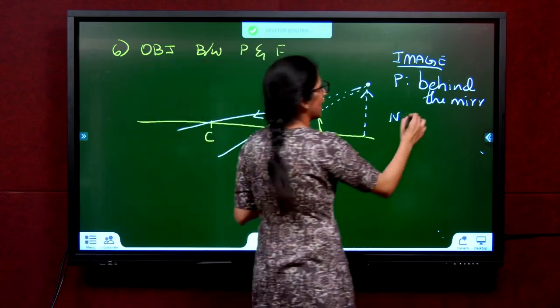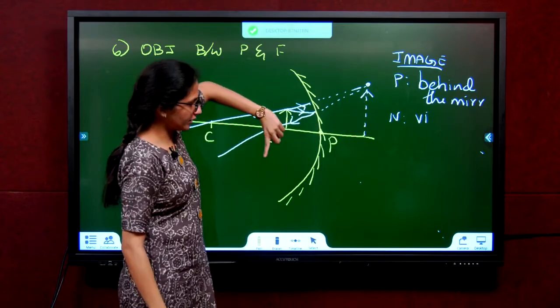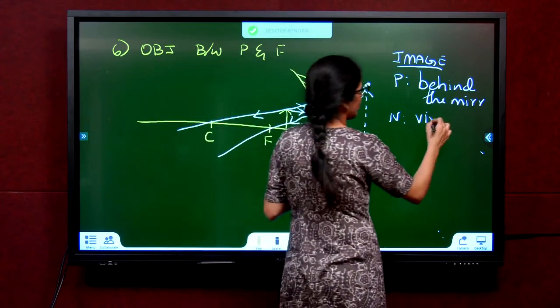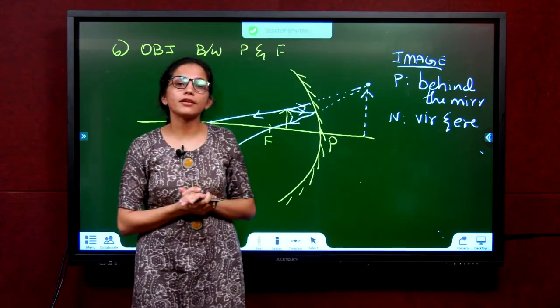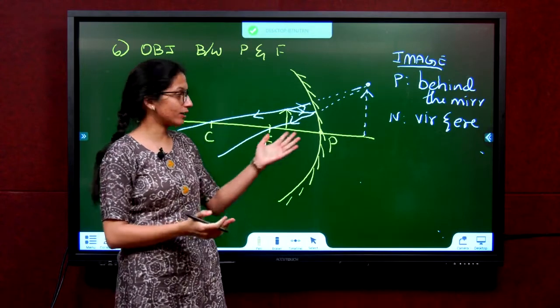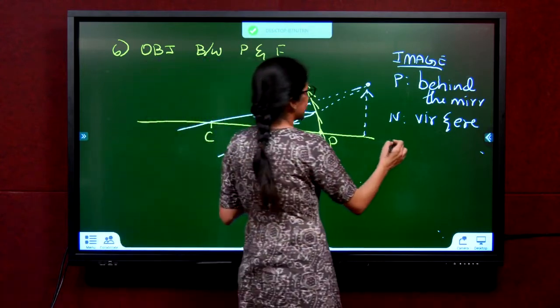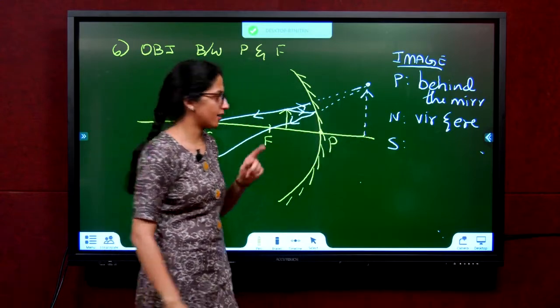It is virtual and it's erect. See, it's not ulta. This is sida, sida. Is it ulta? No. Virtual and erect. That's why, do you remember? When I told you the difference between virtual and real images, I told you real images are always inverted and virtual images are always erect. You can see the proof. Next, size. This is so small, it's becoming big. Enlarged.